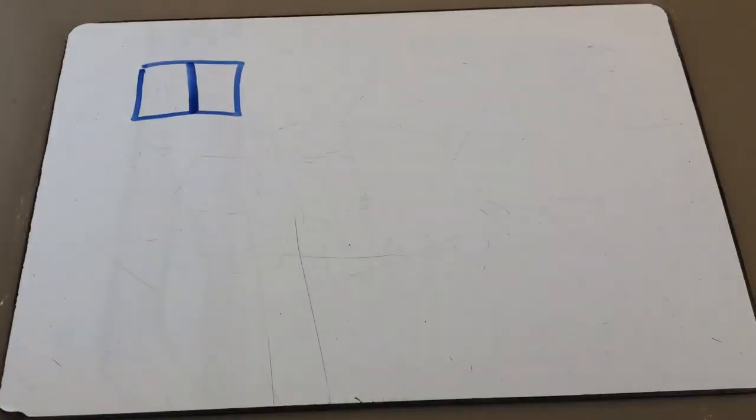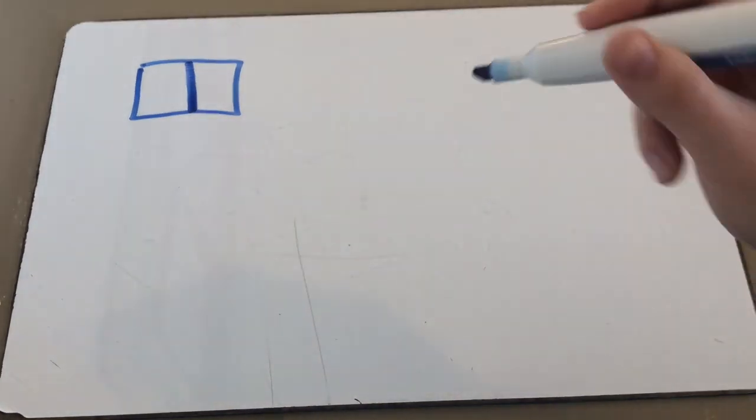So how do we know something is cut into halves? Very good. We know that something is cut into halves when it is cut into two equal sizes, two equal pieces. Let's look at this rectangle.